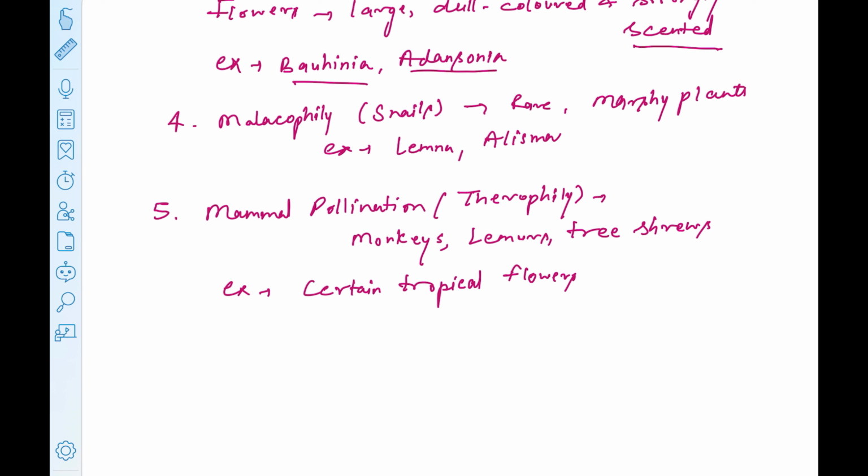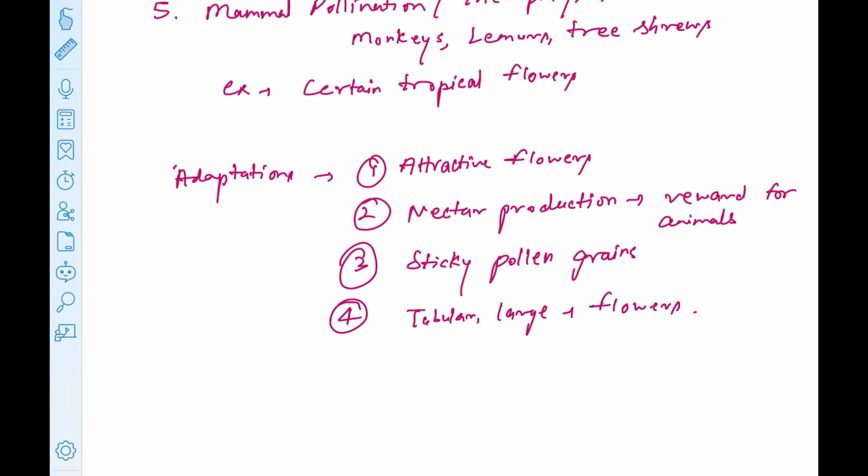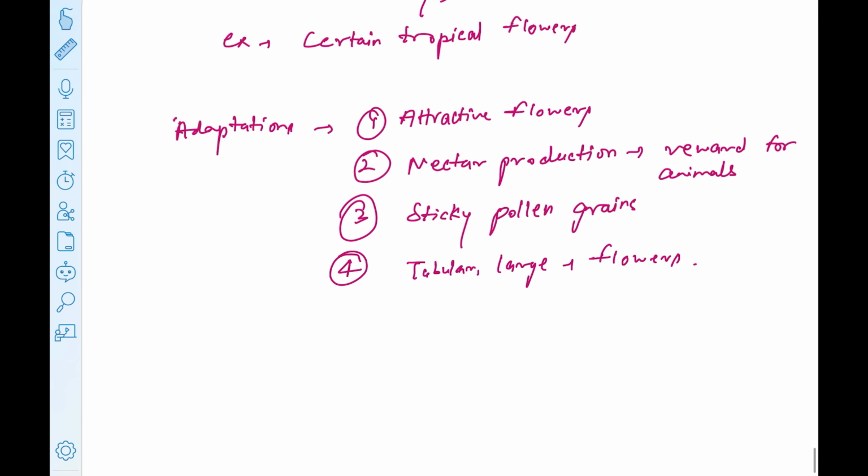Their flower shape is tubular, large, or with landing platforms to guide animals. And their timing varies, like some open at night, the bat pollinated, and others in day, bird and insect pollinated. Let me write them down. Okay, so these are the main adaptations of animal pollinated flowers.